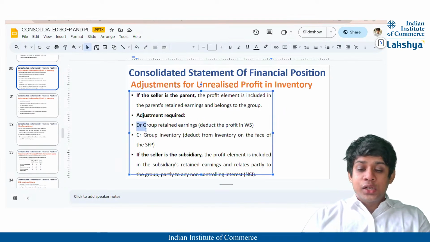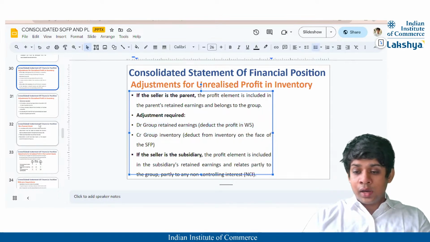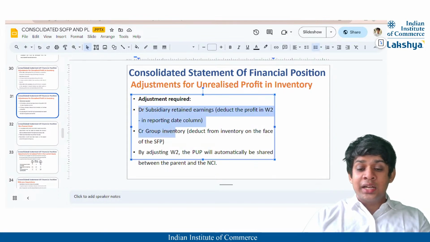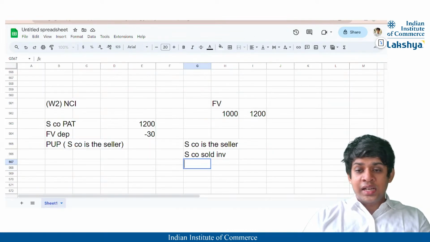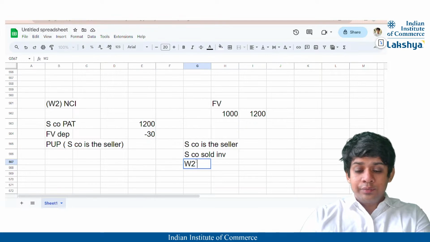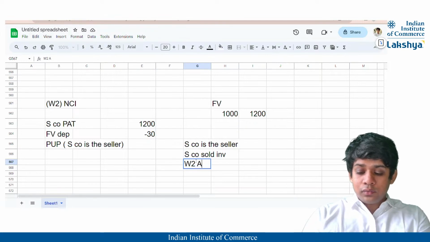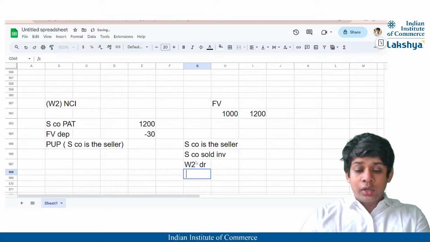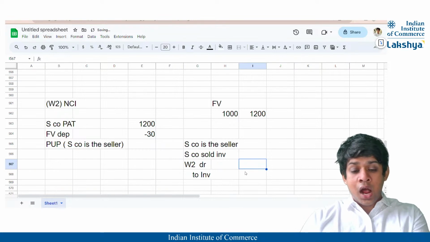See here, guys. If the subsidiary company is the seller, what is the journal entry that we pass? We debit the subsidiary's retained earnings, which means working note 2 is to be debited, and inventory is to be credited because the inventory is stated at a higher value.